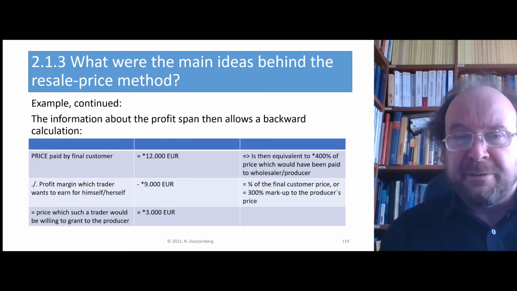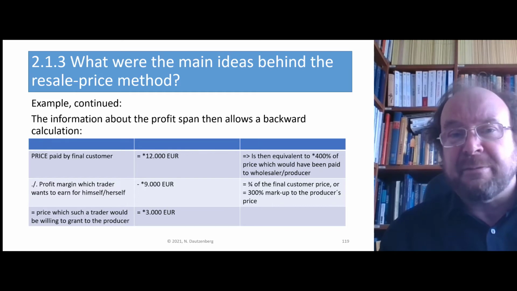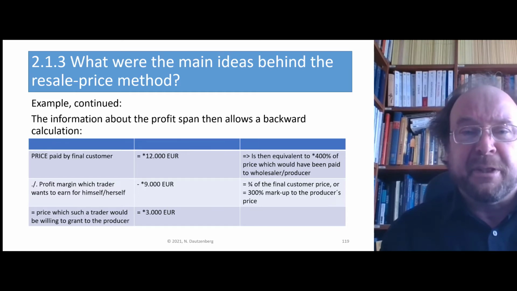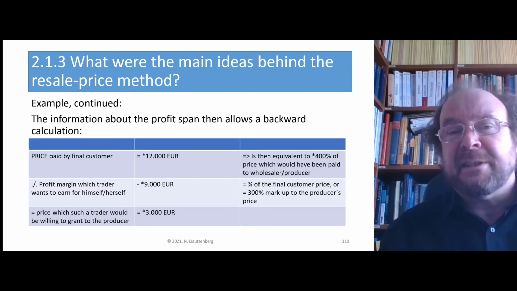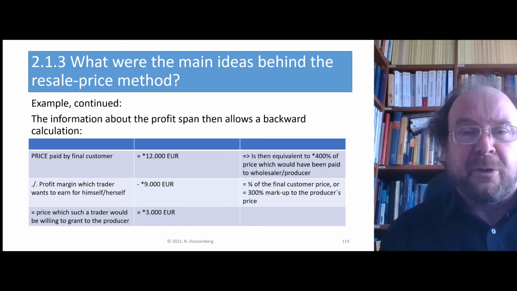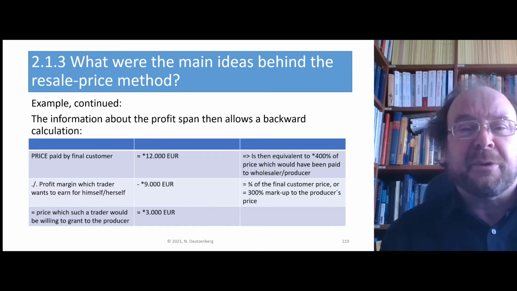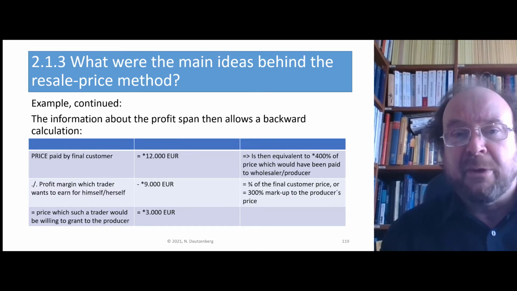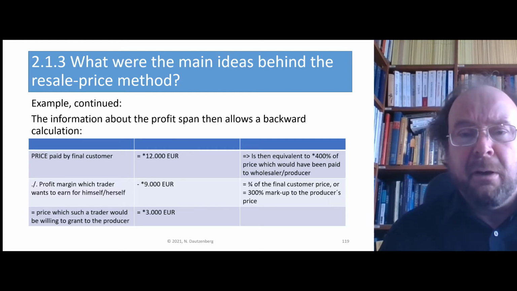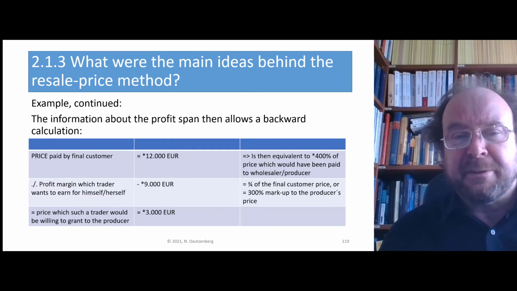For example, if you can sell products for 12,000 to a final customer, an outsider, then you would say, okay, according to what I can observe in this sector, 3/4 go to the trader, 1/4 goes to the producer or the wholesaler or so. So that is the idea of the resale price method.